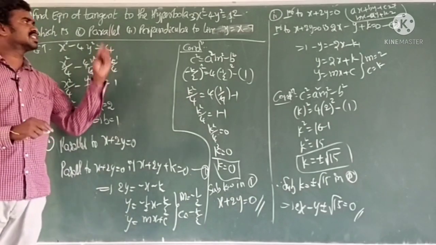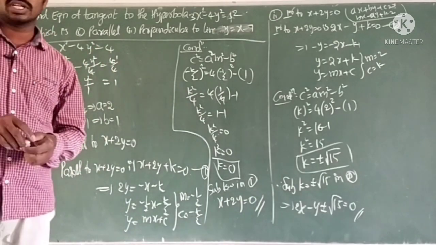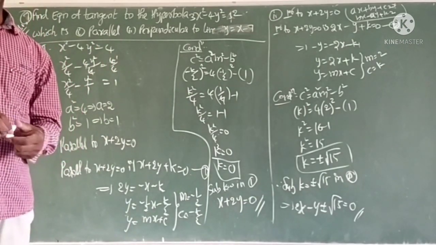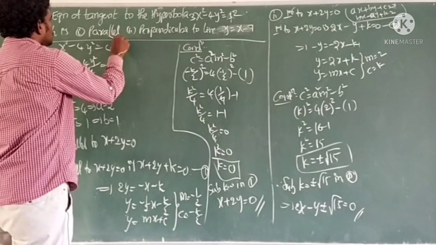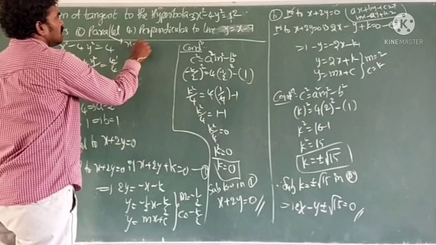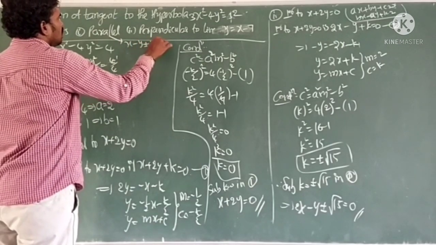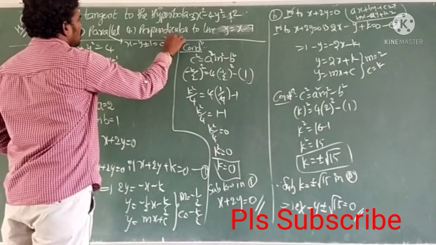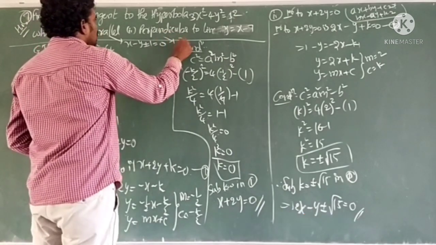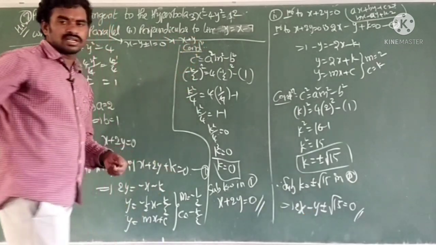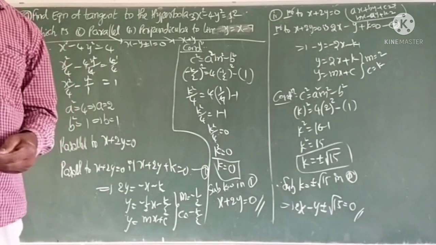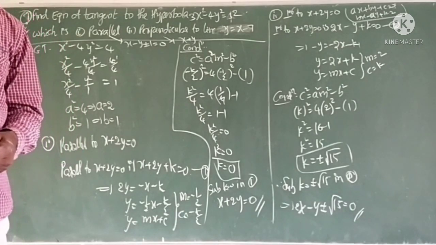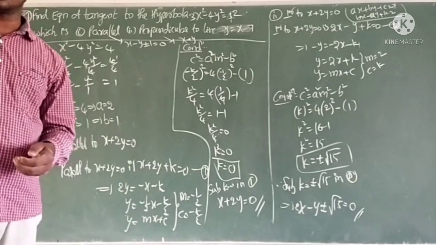Okay, I will give you the answer for this question. Don't bother about that. For the parallel line, we get plus or minus 1. So the answer is x minus y plus or minus 1 equal to 0. And the perpendicular answer is x plus y plus or minus 1 equal to 0.